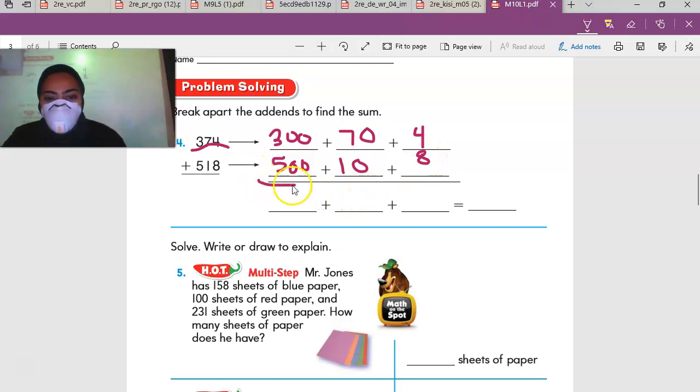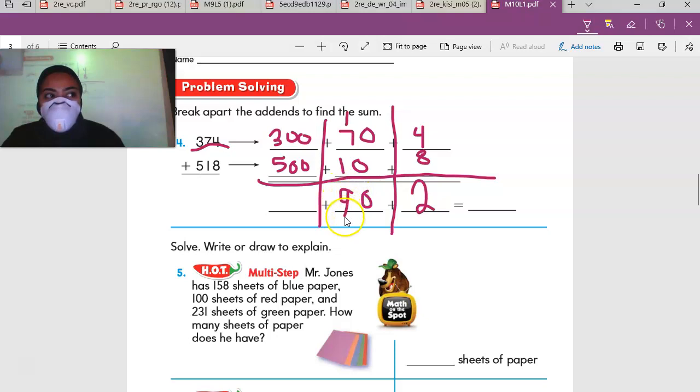Okay. Now, 4 plus 8 is what, class? 8, 9, 10, 11, 12. 12. So 2 goes in the ones place and 1 goes in the tens place. 7 plus 1 plus 1 more is... 0 plus 0 is 0 plus 0 is, and 5 plus 3 is, what's your answer? 892.